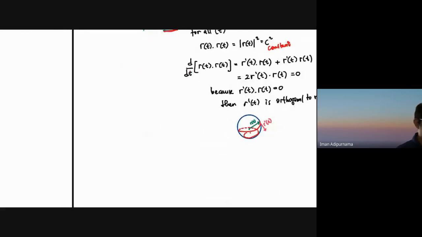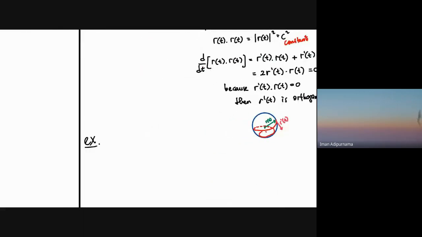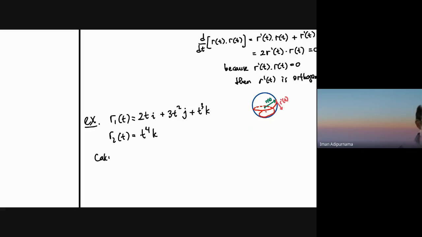Okay, maybe some example here. You have R1, and then calculate. You can try first.